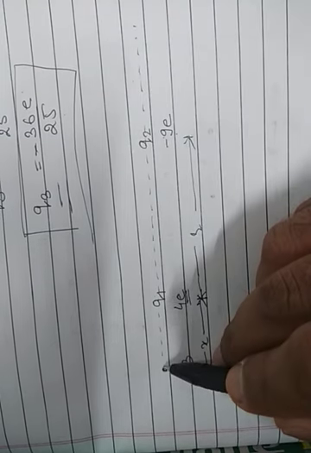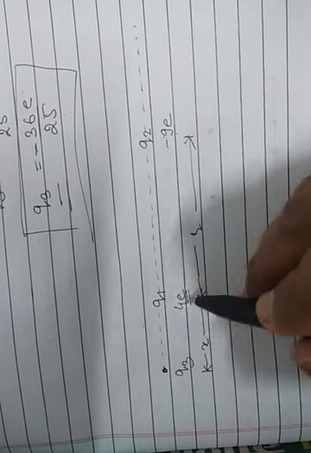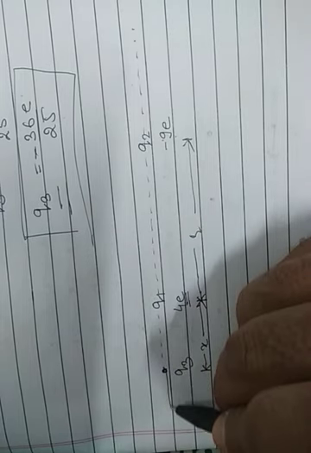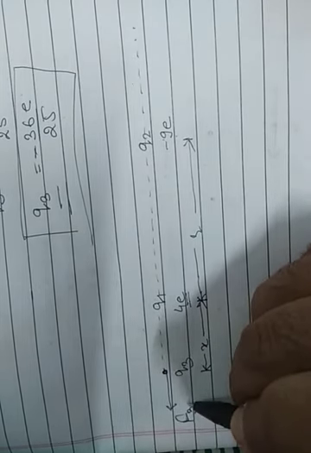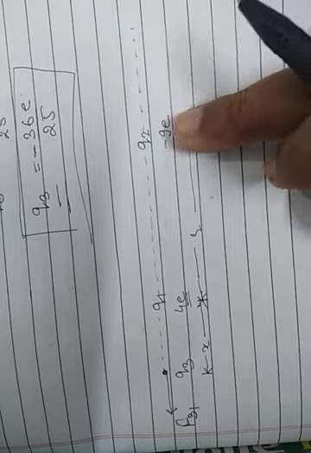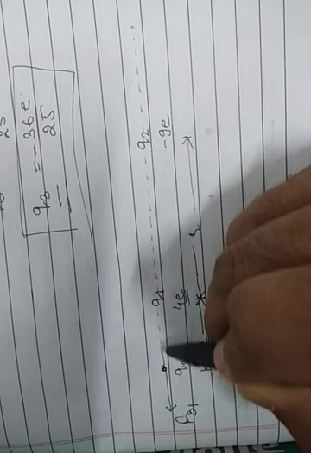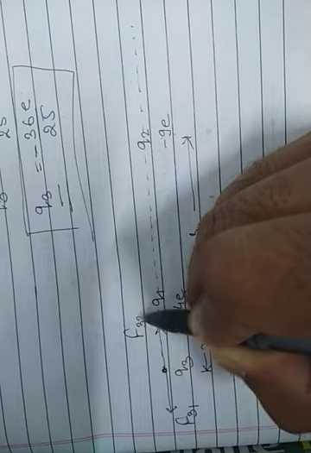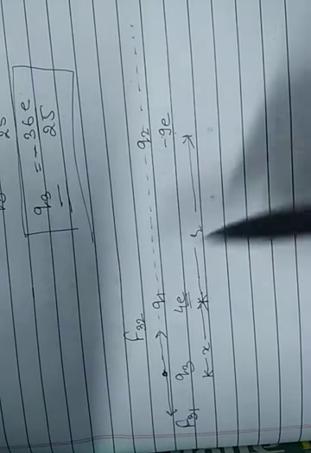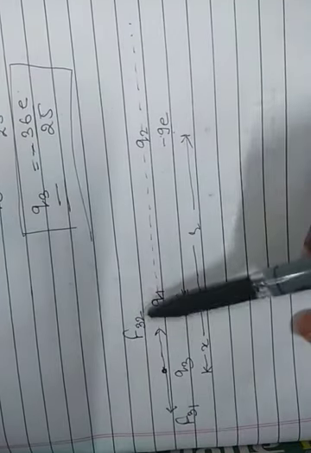As Q3 is positive, it is repelled by this positive charge, so this is the force on Q3 due to Q1, a repulsive force. And Q3 is attracted by this negative charge, so this is the force on Q3 due to Q2.